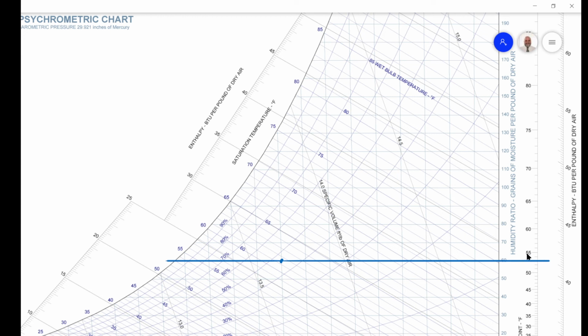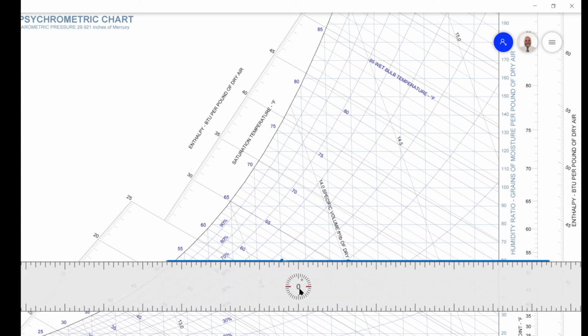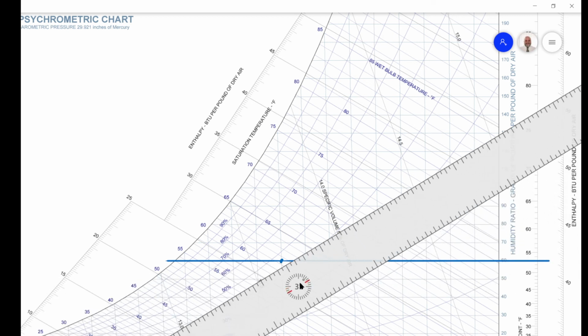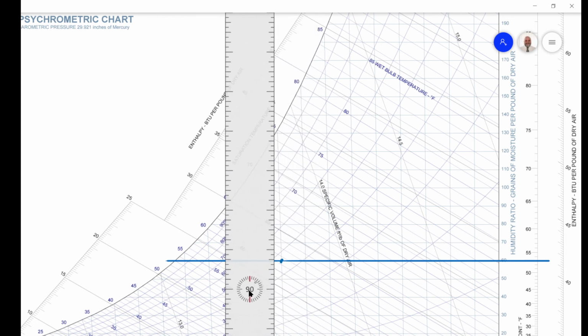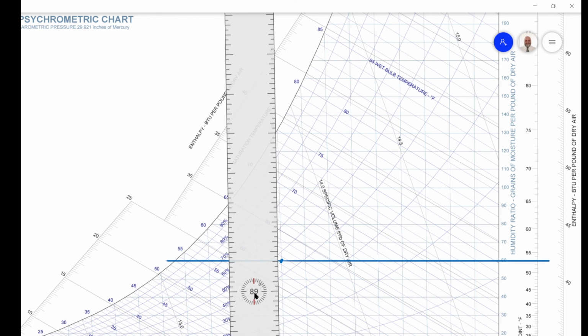I prefer using this horizontal vertical scale because it's simpler to see what is the temperature here. Or you can take your ruler and simply increase the amount of water that you have in that air.